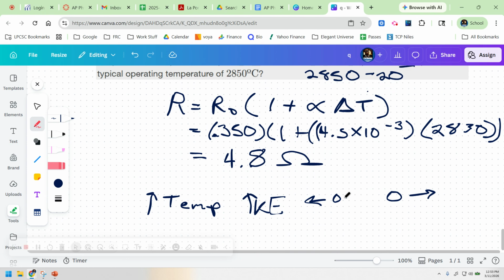Remember, the electron kind of moves another electron out of the way, so it has to come into contact with another electron and stuff like that. So basically, the resistance increases. A lot, significantly. So we started off with 0.35 ohms, and then we ended up with 4.8 ohms.